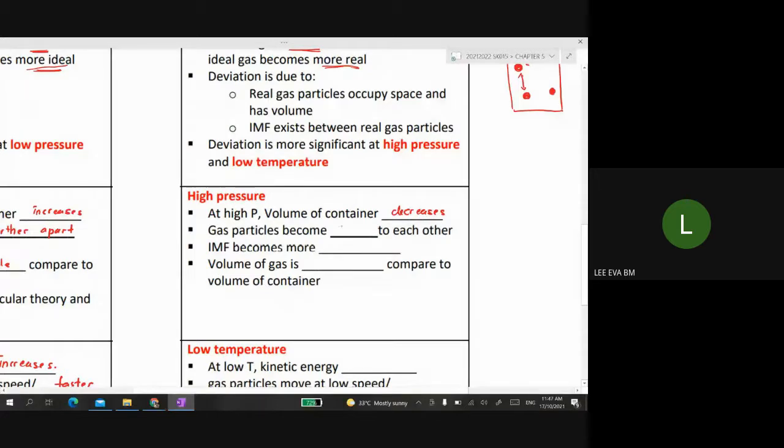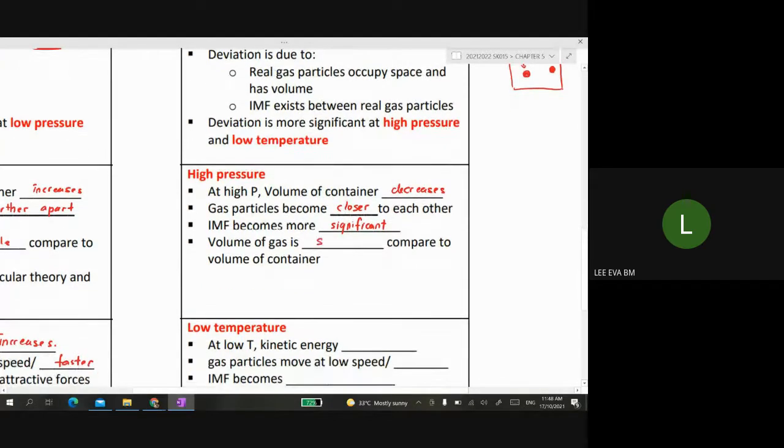So the gas particles become closer to each other, and when they are close to each other, there will be attraction forces between one another. Therefore, the intermolecular forces become more significant. You must use the keywords significant or negligible. So the volume of the gas also becomes significant. Both of these are the keywords for a real gas condition.